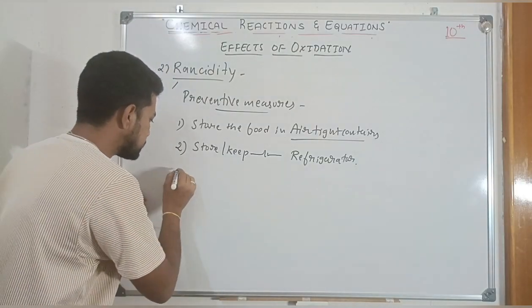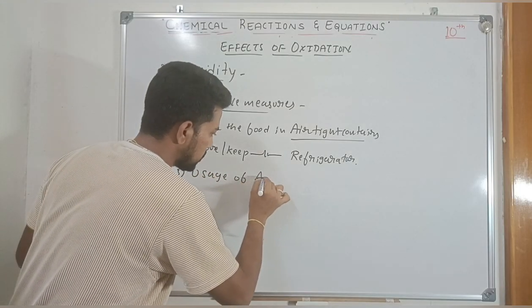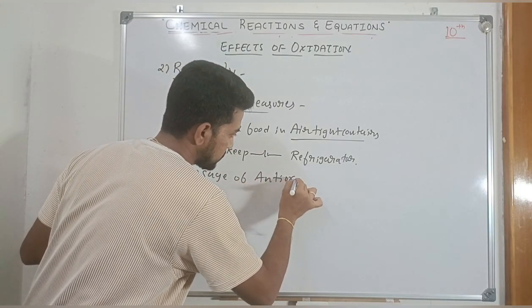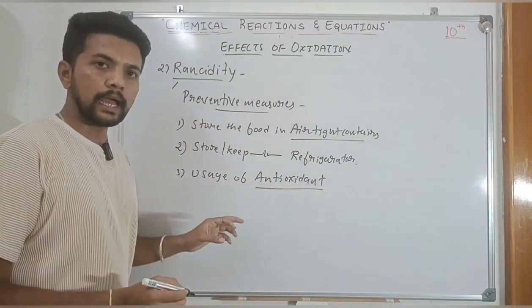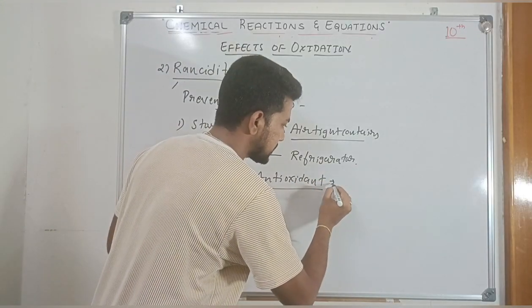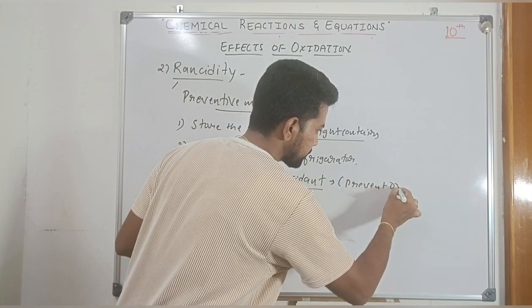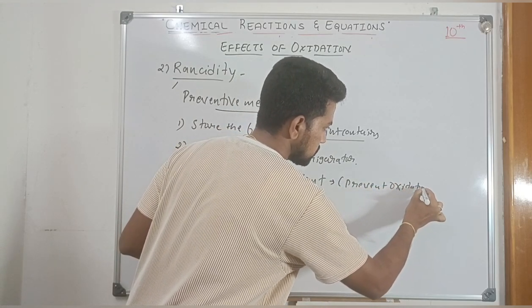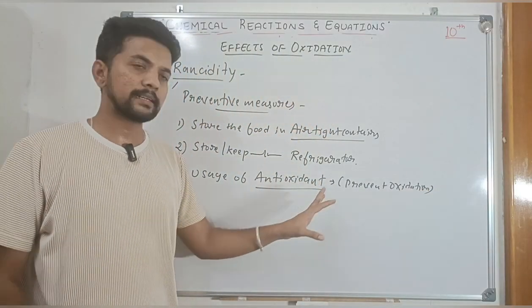So the third one is usage of antioxidants. Here an antioxidant is a substance which prevents oxidation.